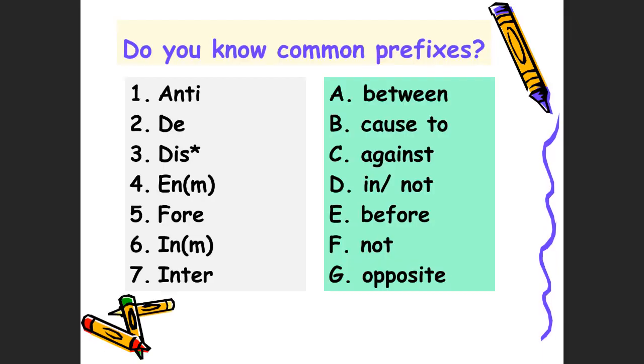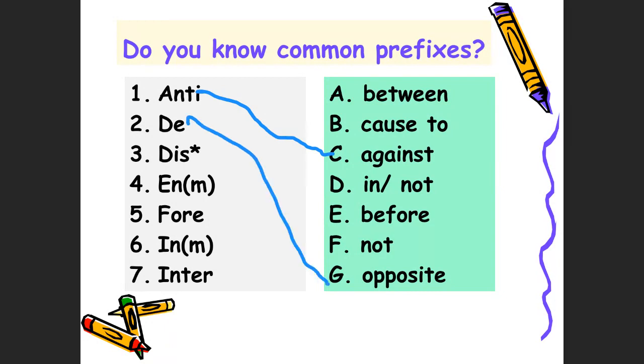Great. So we had anti. In the case of anti, it was against, ¿cierto? D, what was D? D was the opposite.